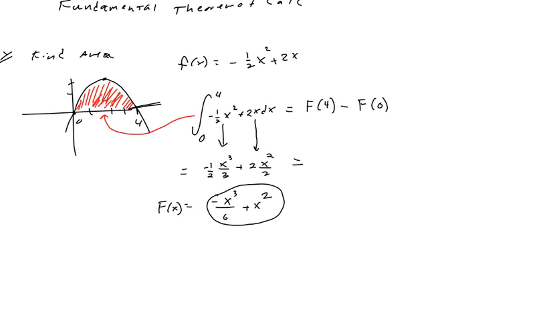So let's see what we do here. First one, I'm going to put in brackets here: negative 4 cubed over 6 plus 4 squared. That's my first one. Minus negative 0 cubed over 6 plus 0 squared.